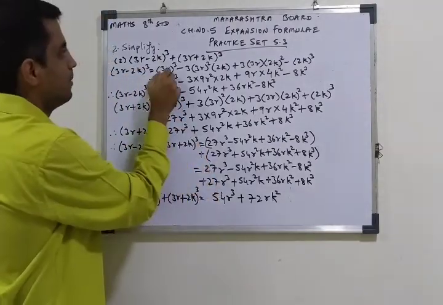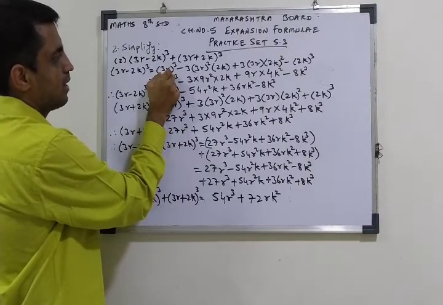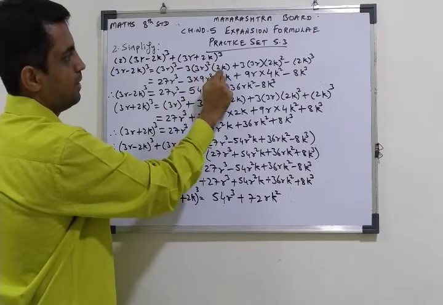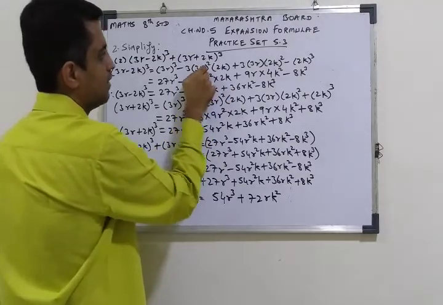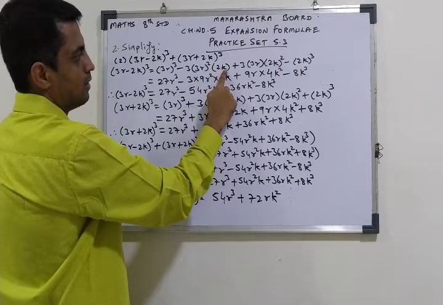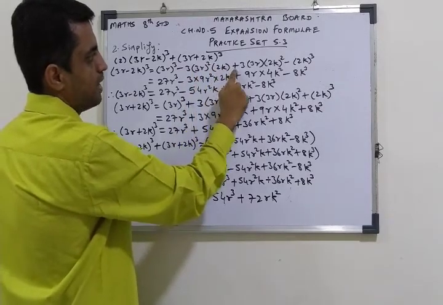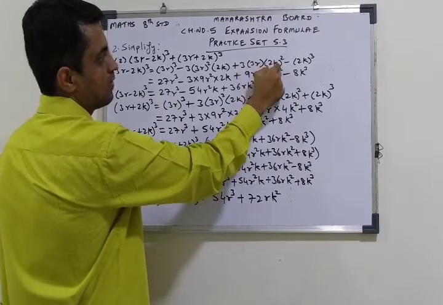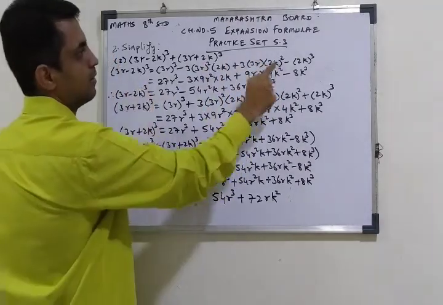Okay, so a cube means 3r the whole cube, minus 3a square b. Instead of a, we are writing here 3r the whole square into 2k. So minus 3a square b plus 3 into a b square. So we are substituting the value here.